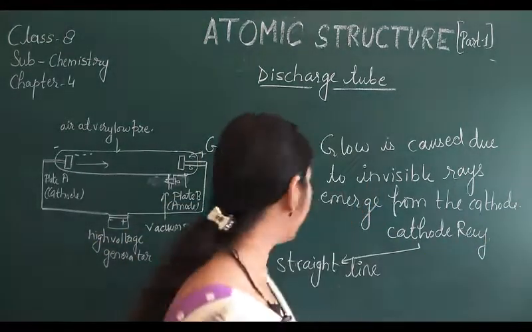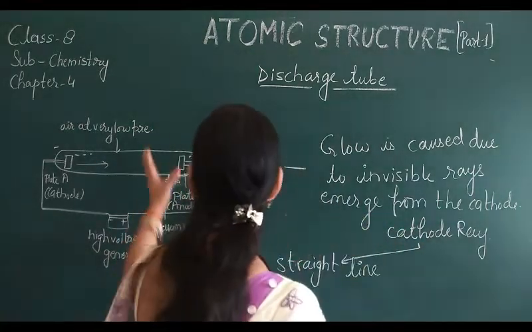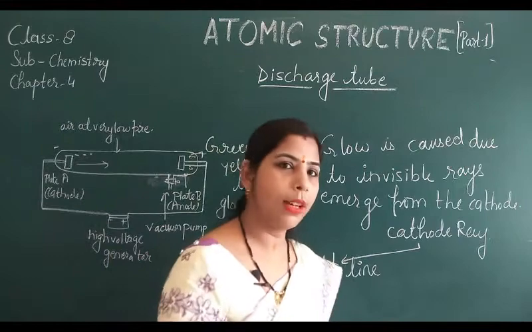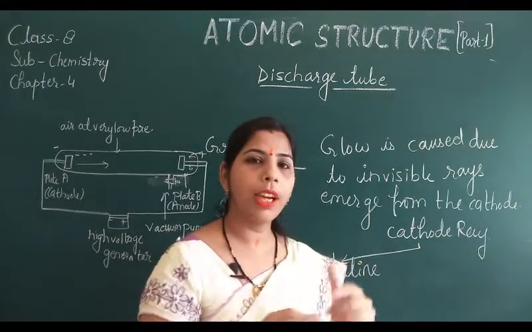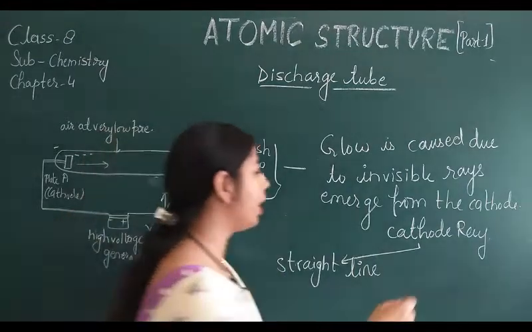One more important thing: if any light wheel or paddle is kept in the path of the cathode ray, the wheel starts moving. If we keep a light paddle, it starts moving. Why does it start moving?